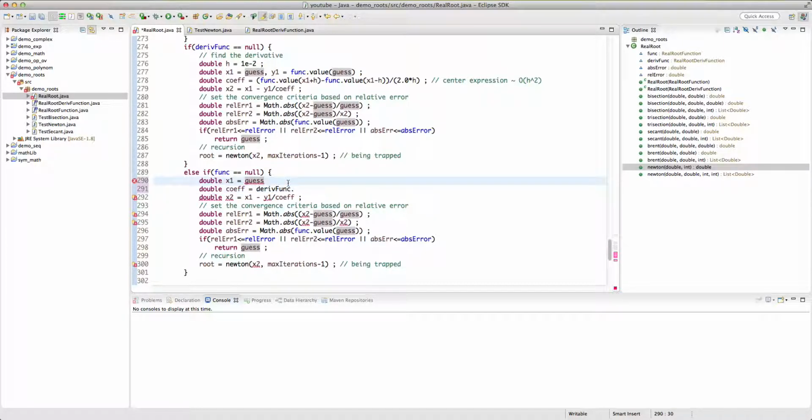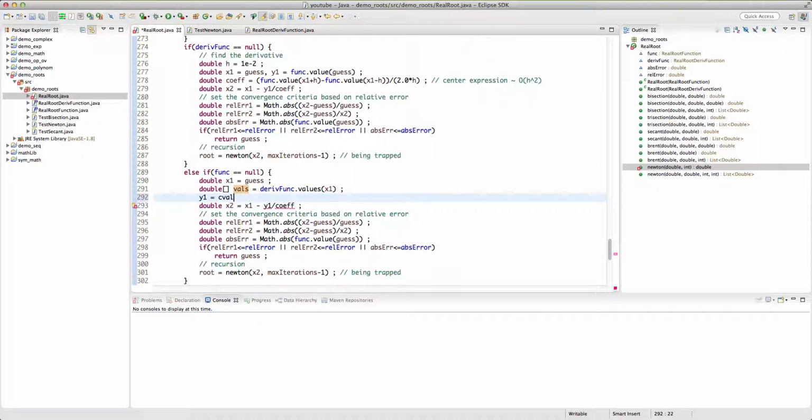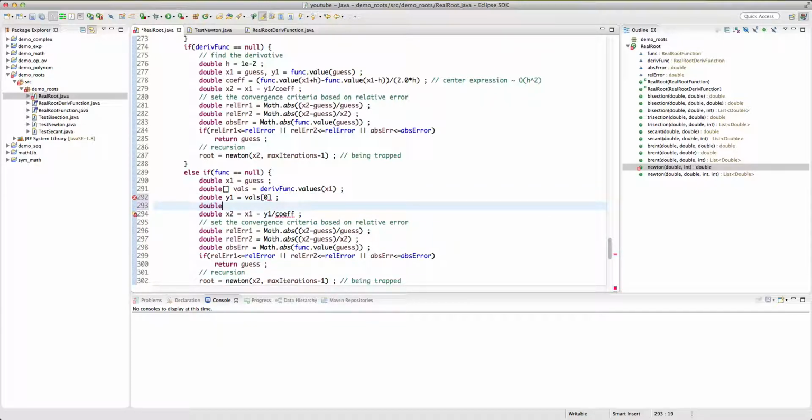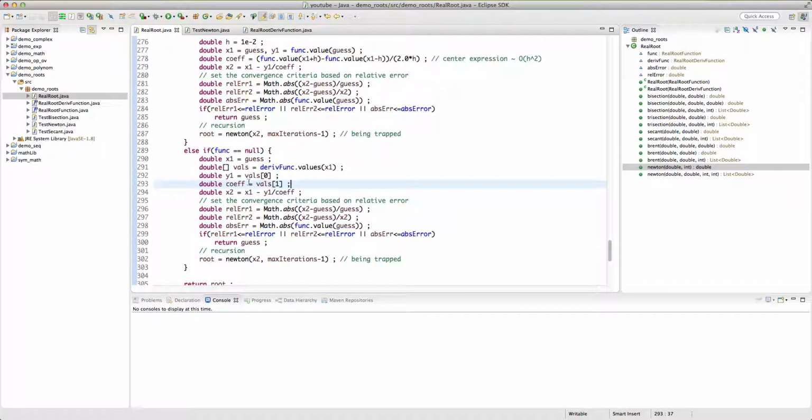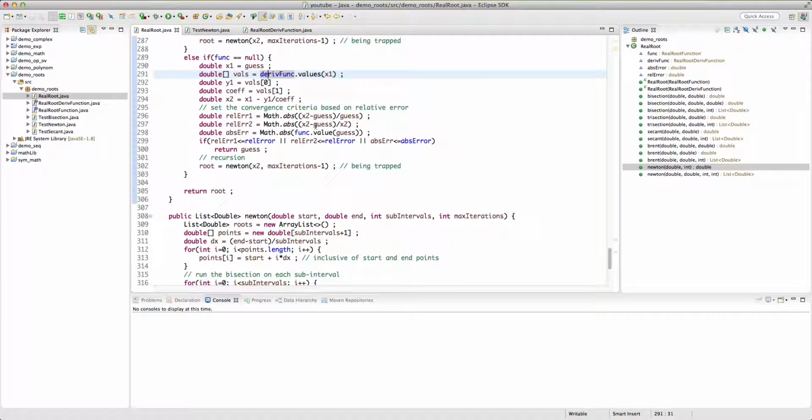We're going to call the deriv func with values at x1, or at guess, and this is going to return a double array. Let's call this vals. Then double y1 equals vals the 0th element, and double coef is vals the first element. All right, and the rest is the same, so no need to numerically calculate the derivative.